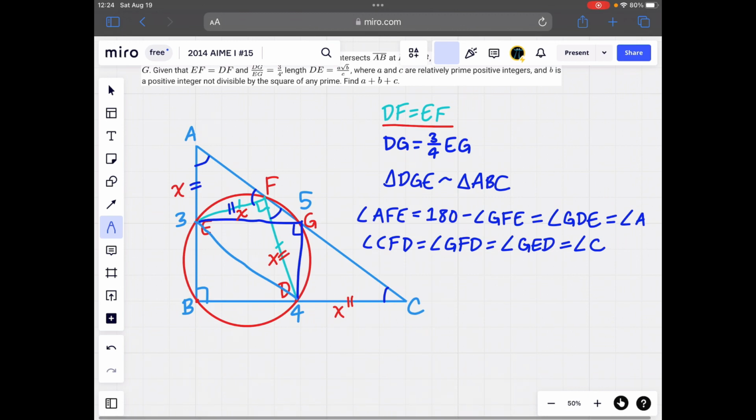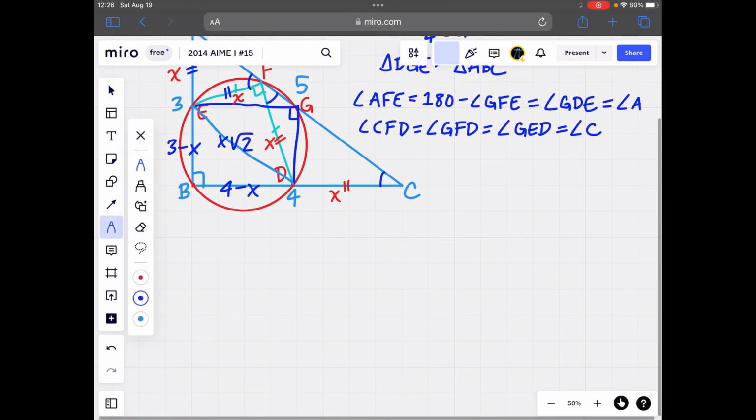Now, what is X? Well, it turns out X can be found in the following way. So we have that AE is equal to X, and therefore EB is 3 minus X. BD is equal to 4 minus X. And because EFD is a right triangle with both leg lengths equal to X, the hypotenuse DE is just X root 2. So we have the Pythagorean theorem, and we can use that to apply on triangle EBD to solve for X. Because we know that 3 minus X squared plus 4 minus X squared is equal to X root 2 squared.